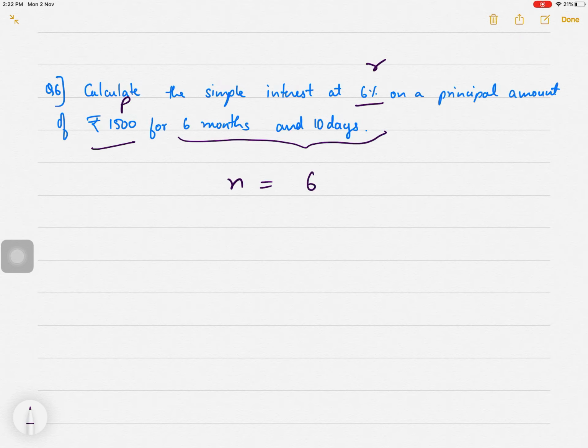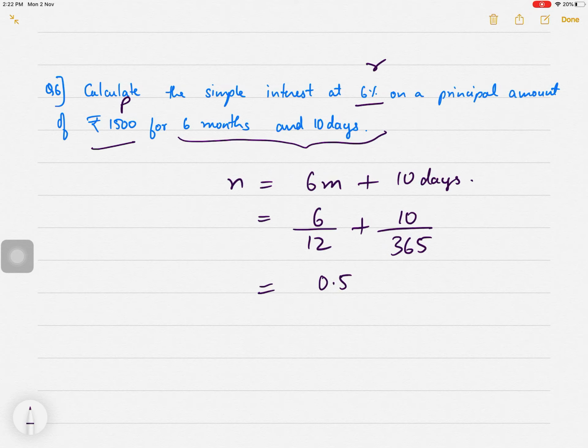So N is equal to 6 months plus 10 days. Okay. 6 months means 6 by 12 year, and 10 days you convert into year, so 10 upon 365. Okay. So 6 by 12 means 0.5. 6 months means 0.5 year. Okay. And 10 days means 10 upon 365.